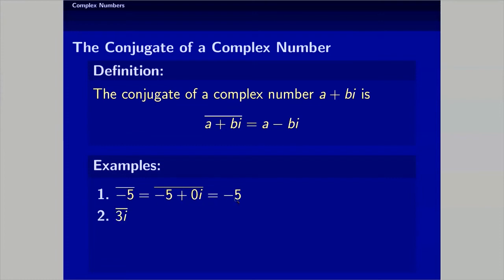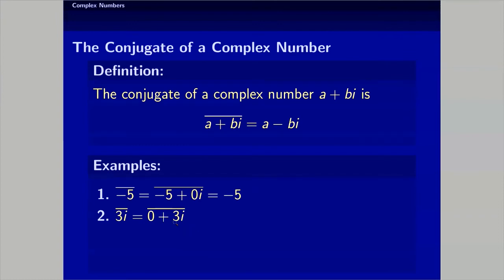Okay? What about this one? What is the conjugate of 3i? Okay, you may want to write it again in a plus bi form. Like that. So what is the conjugate? What's the rule? You just change the sign of its imaginary part.